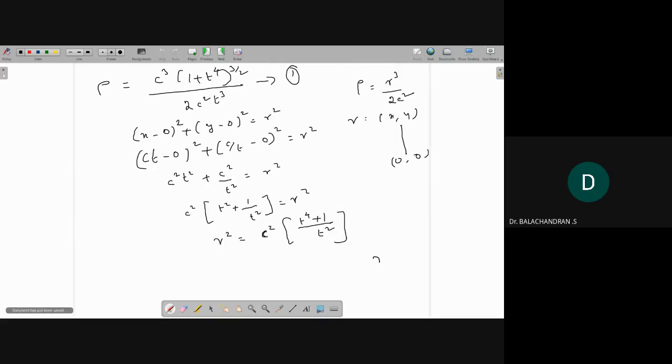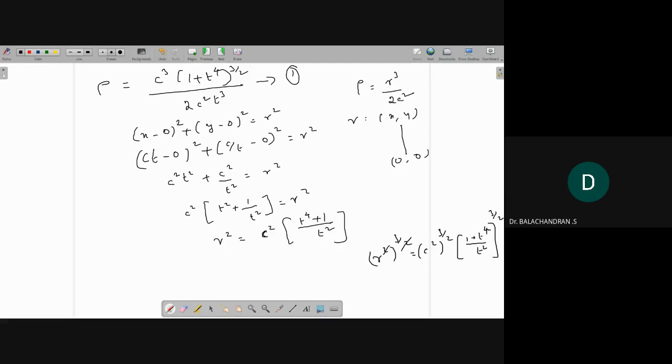I'll write here: r square whole power 3 by 2 equal to c square whole power 3 by 2 into 1 plus t power 4 divided by t square whole power 3 by 2.